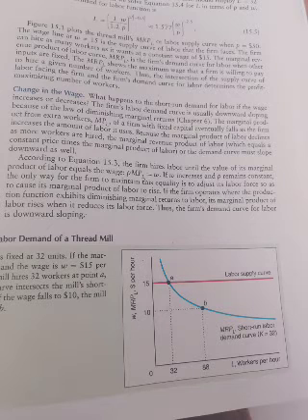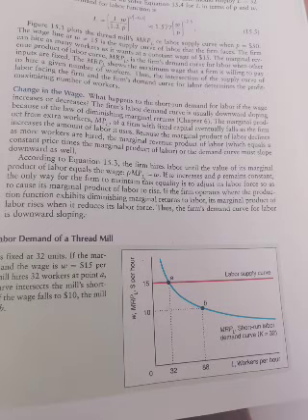To show how labor demand varies with the wage, we differentiate equation 15.3 with respect to W. So price multiplied by the derivative of the marginal product of labor with respect to labor, multiplied by the derivative of labor with respect to wage, equals 1.